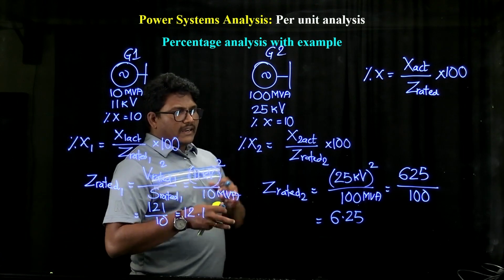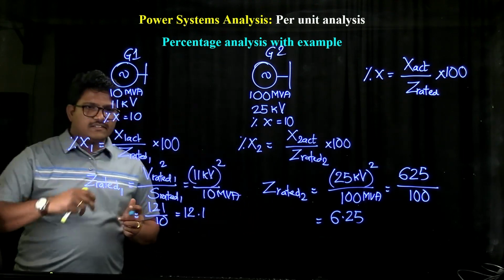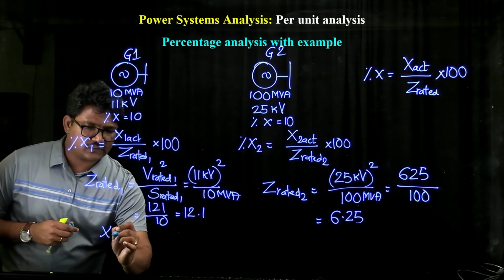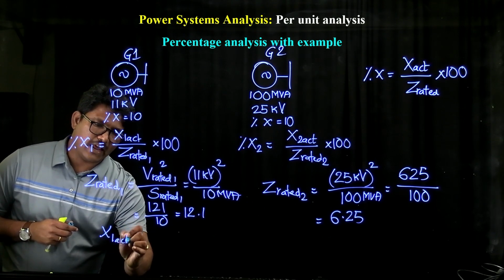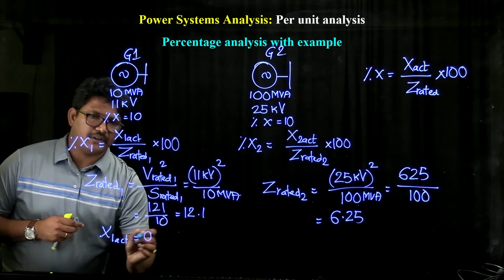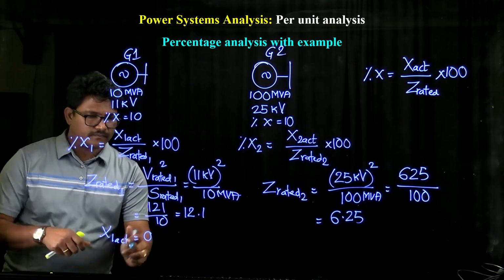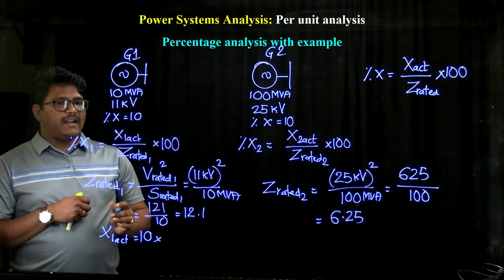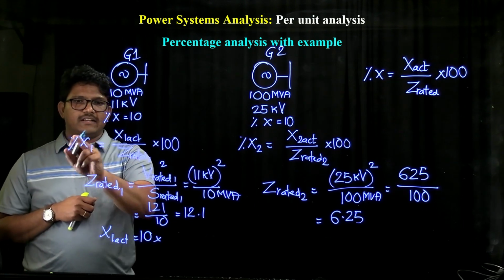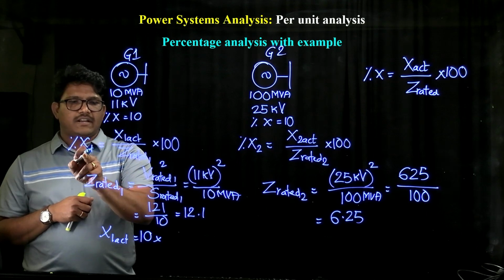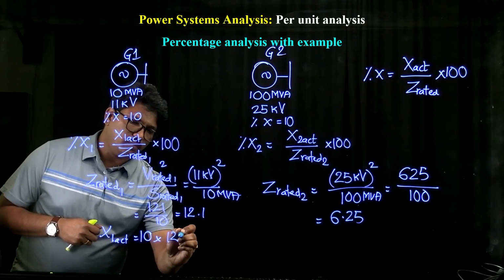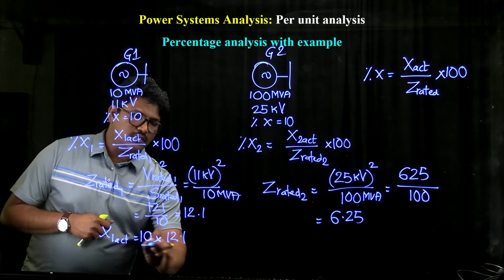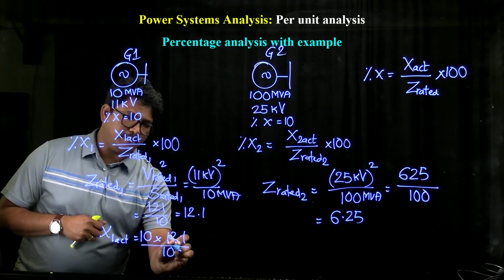So when you want to get the actual values of the reactances here, that X1 actual reactance is 10%, which is 10 multiplied by, because percentage reactance is 10 here, multiplied by Z rated 1, that is 12.1, divided by 100.